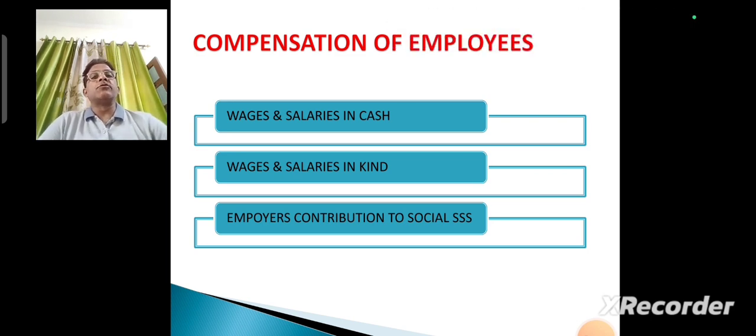A similar amount is also contributed by the employer himself. For example, somebody gets a salary of 10,000 rupees per month, 1,000 rupees is deducted in the name of provident fund. Another 1,000 is added by the employer also. So 2,000 rupees are going every month into the provident fund account of the concerned employee.